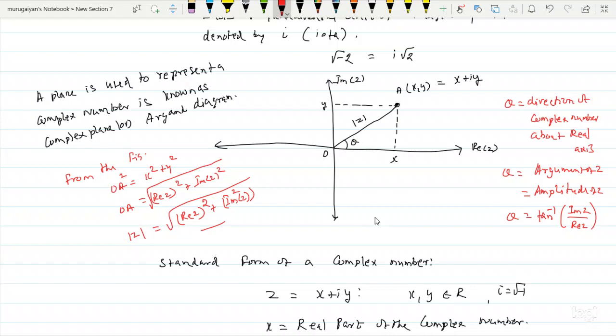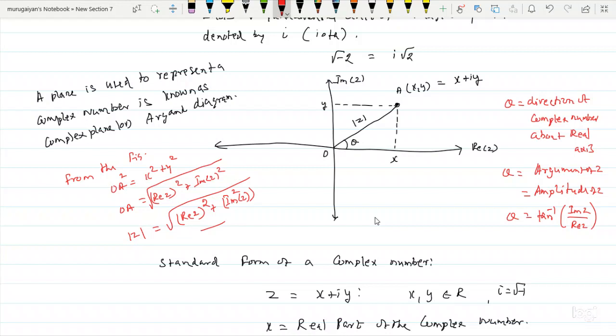The modulus is the positive square root of the sum of the squares of the real part of z and the imaginary part of z. And for the amplitude, tan theta is the opposite side, that is the imaginary part, over the adjacent side, that is the real part of z.